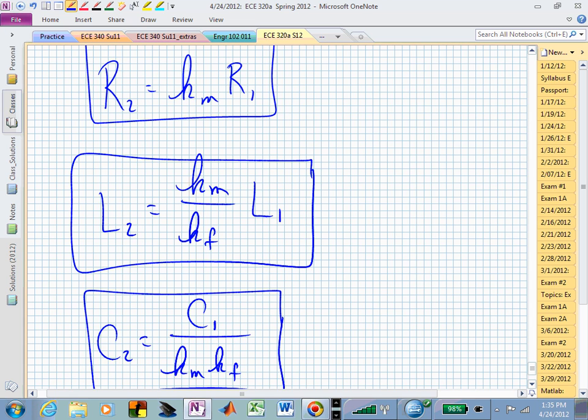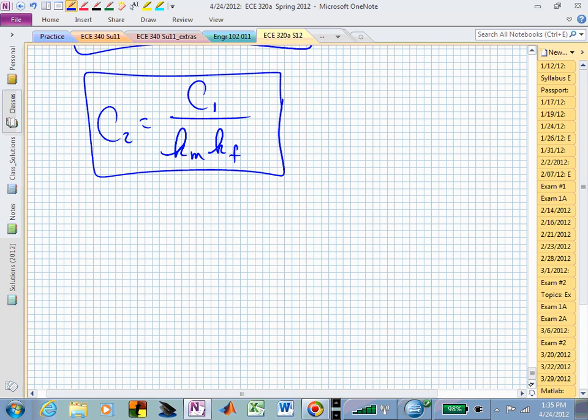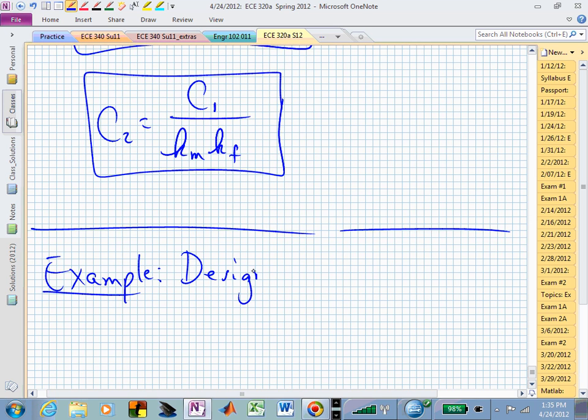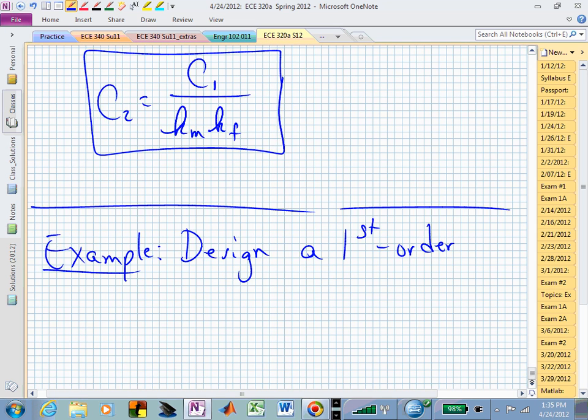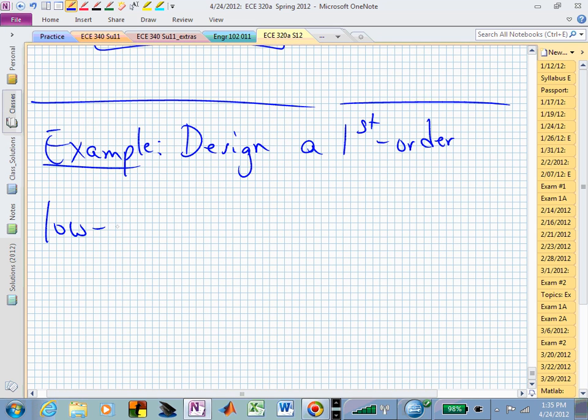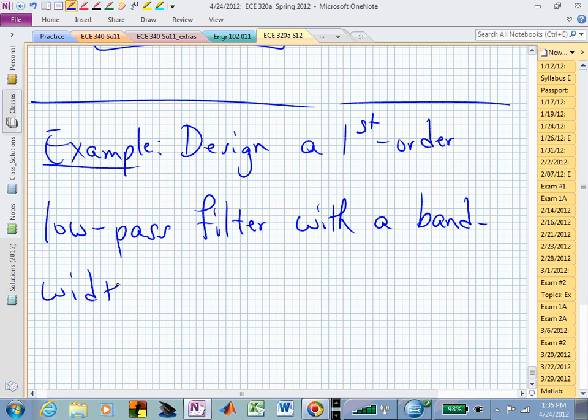Let's now apply that to a particular design. Let's say that now we want to design a first order low pass filter, and we want the bandwidth of that filter to be 100 hertz.